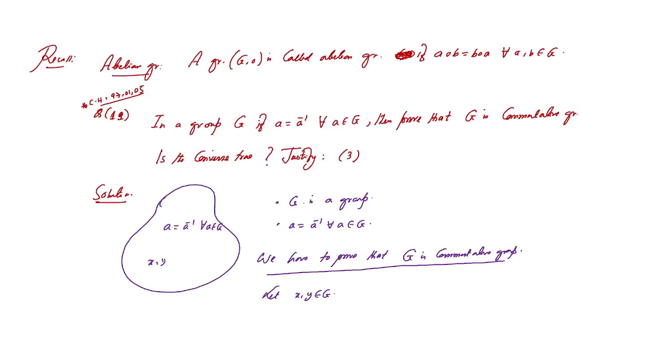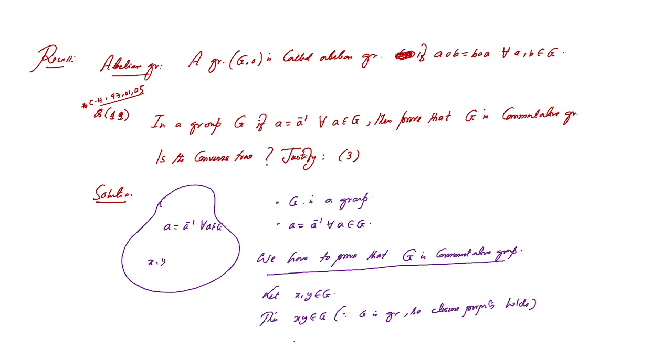Since x, y belongs to G, we can say xy belongs to G, as G is a group, so the closure property holds. This is the first property to be a group. So xy must belong to G. What is the property for all elements in G? a equals a inverse.